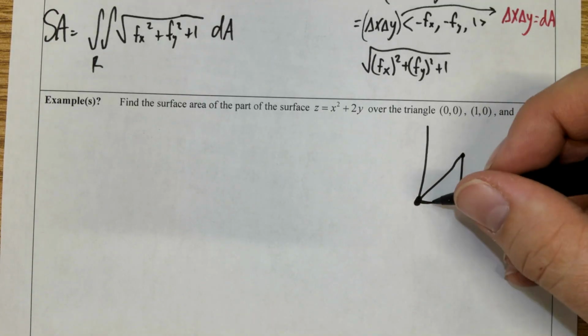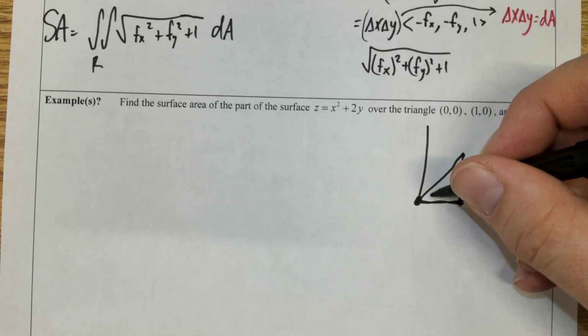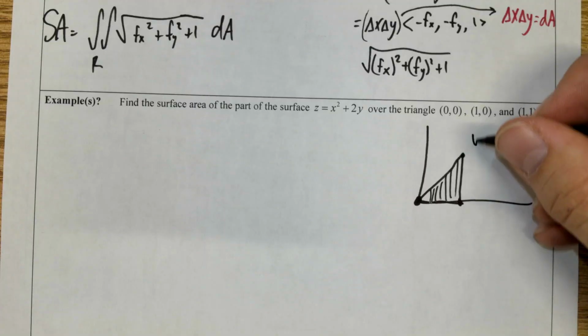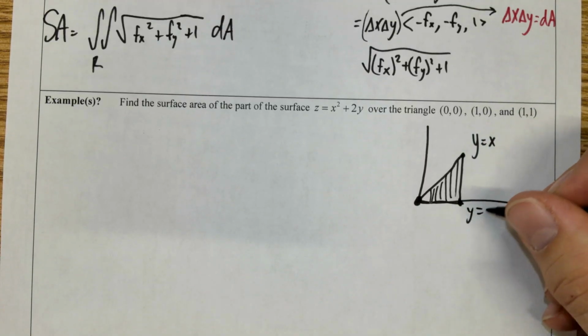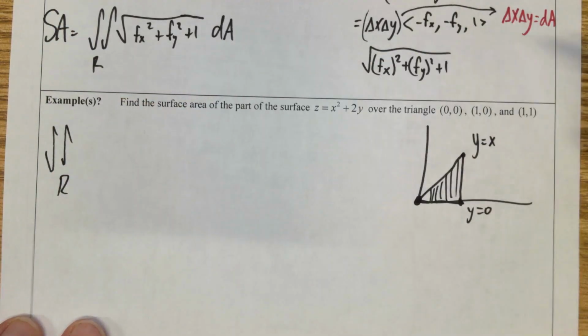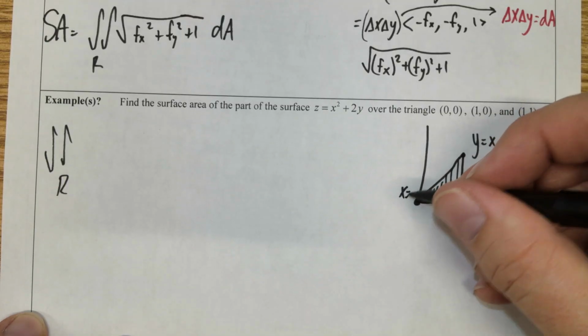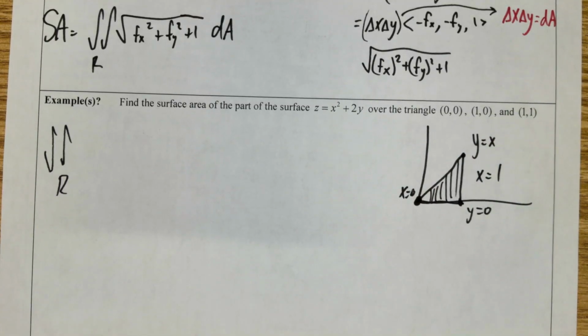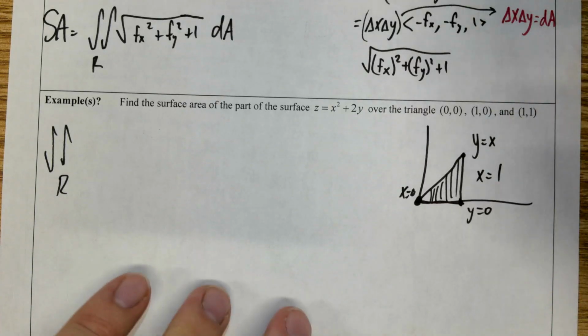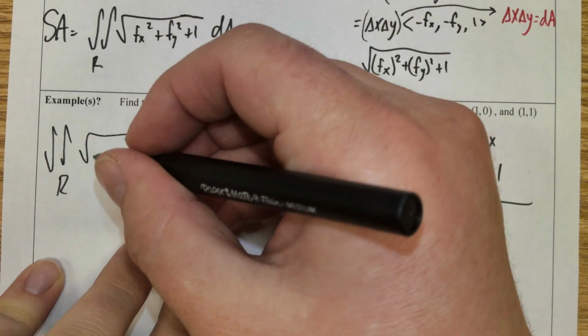When I set up this double integral, I could go either way, but let's just do this one. This one's easier. From y equals x being my roof to y equals 0 being my bottom, and from x equals 0 to x equals 1 being my left and right. Okay.